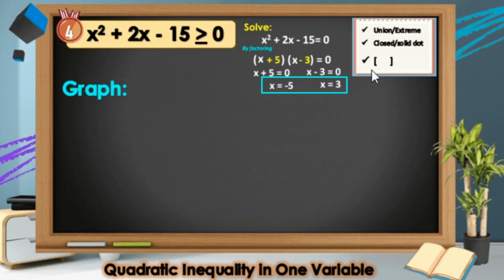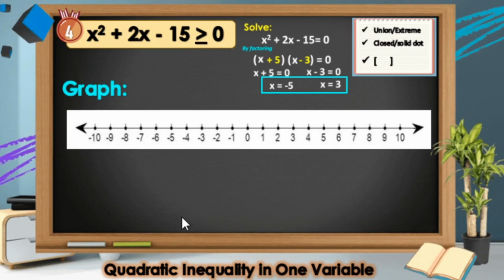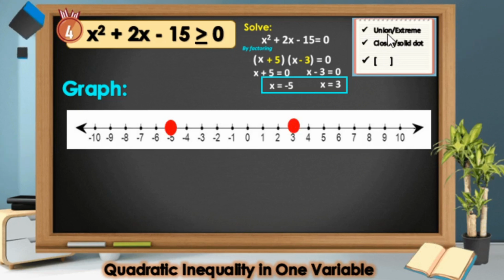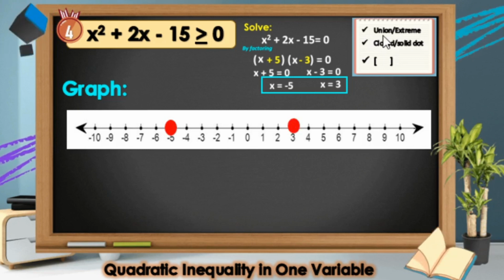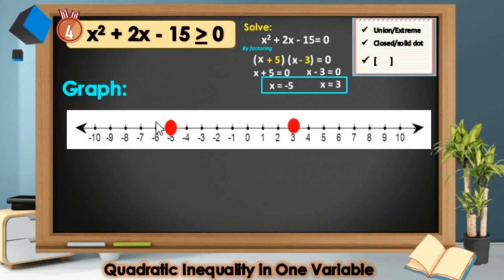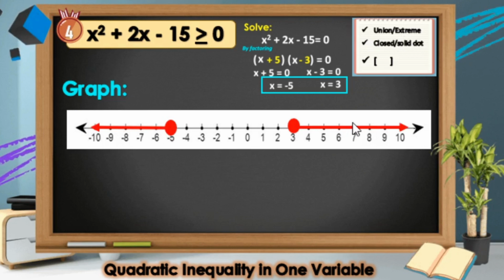And they should be a closed dot, no? So dapat closed dot sila or solid dot. So pag pinlat natin sila sa ating number line for negative 5 and for positive 3, ang sabi, union sila. O ang graph natin should be union or extreme. So therefore, ang isi-shade natin ay etong region na to, at saka etong region na to.